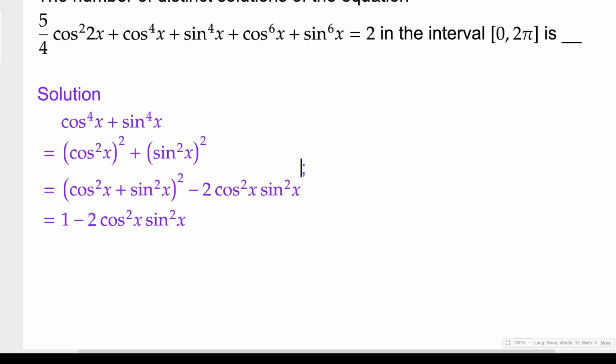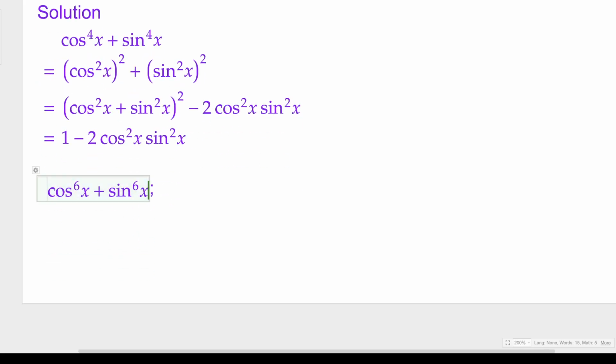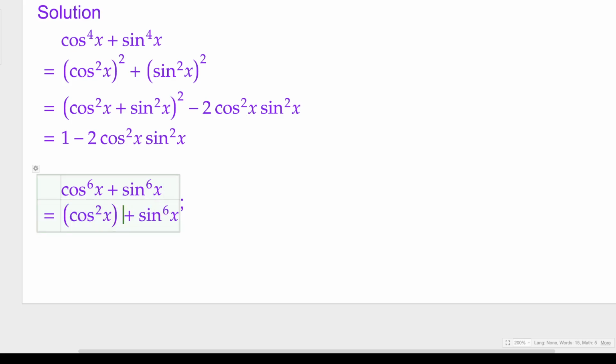Similarly, I'll compute this part as well, that is the power of 6. Now here I'll be applying an identity. First of all, let me bring it into the proper structure, that is power 2 here and power 3 over here, similarly here power 2 and then power 3.